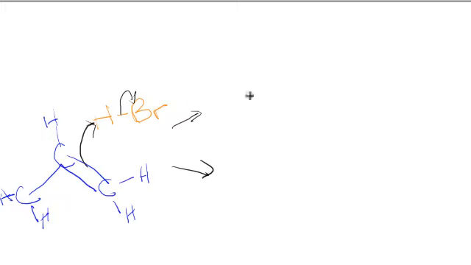It could go to form a new sigma bond between the first carbon atom and the hydrogen, or could go to form a sigma bond between the middle carbon and the hydrogen.